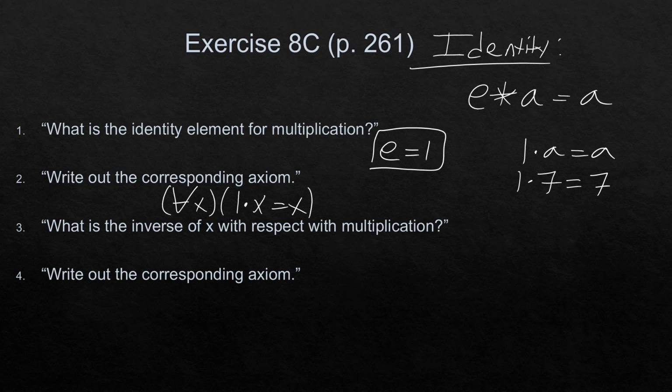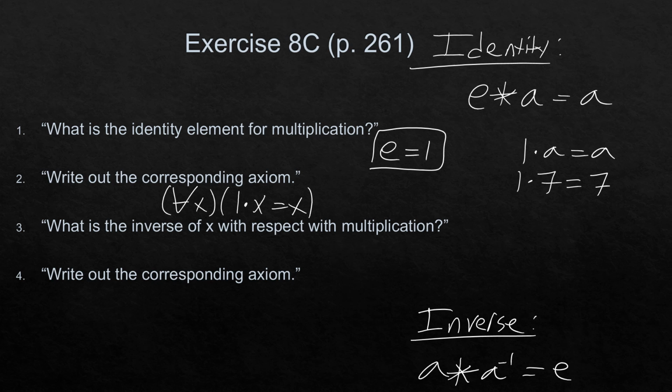What about the inverse? So that's another property. So the inverse is just A star A to the minus 1 is equal to E. So for multiplication, what would E be? Well, E we know is 1. And so what would A to the minus 1 be?